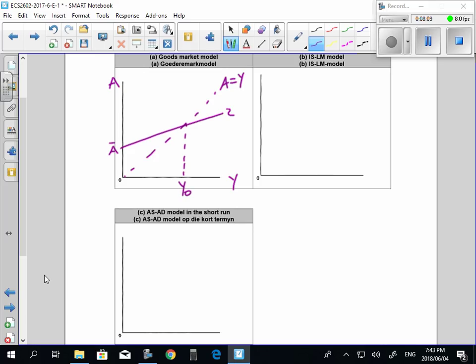If we run a contractionary fiscal policy in the goods market model, we shift the demand for goods curve downwards. There is a decrease in equilibrium output and income.